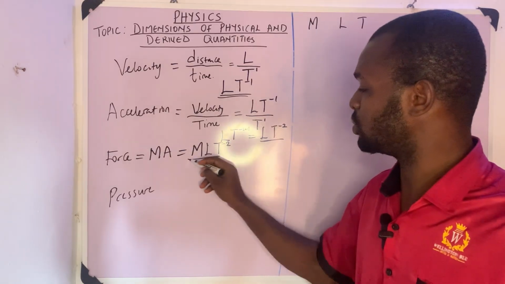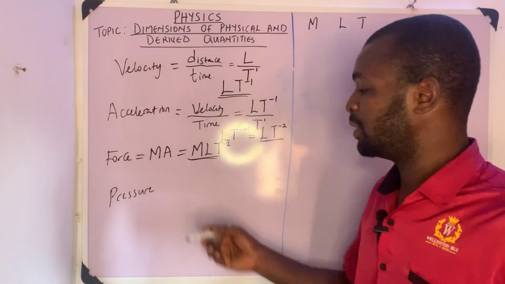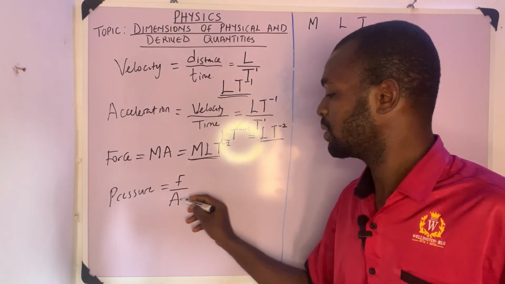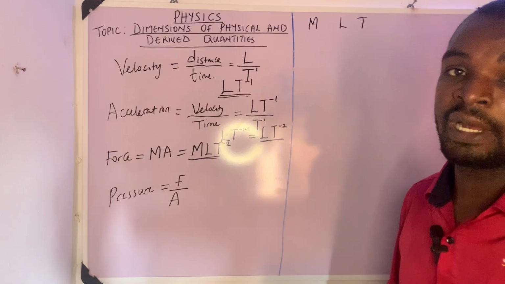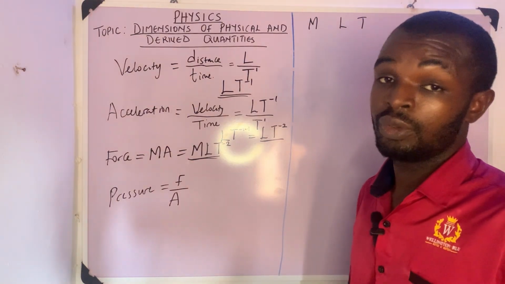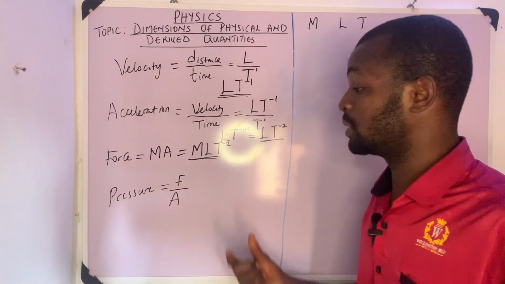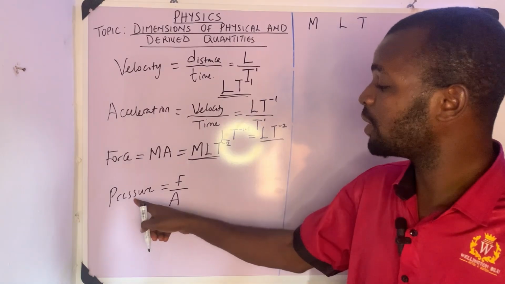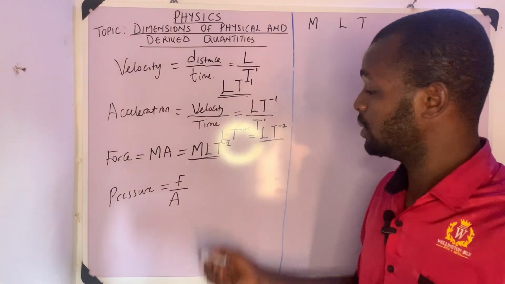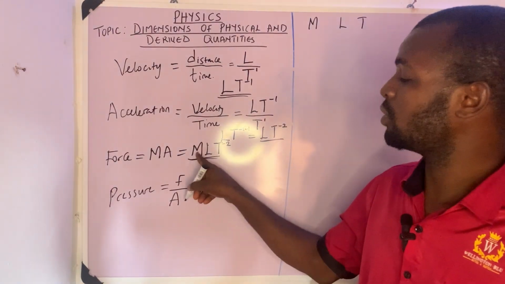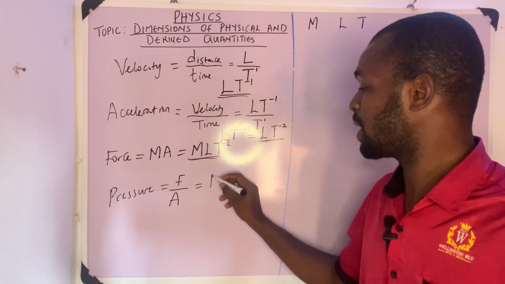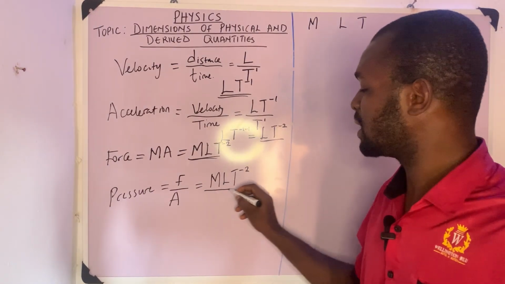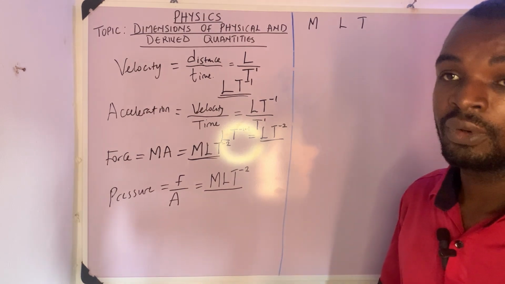Now, going down to pressure. If you remember, the formula for pressure is force over area. Force over area is pressure. Without the formula of these quantities, you can't find their dimensions. So now focus on the formula. So the formula for pressure is force over area, which is equal to, what is the dimension of force? We have done it to be MLT^-2, divided by, what is the formula for area?